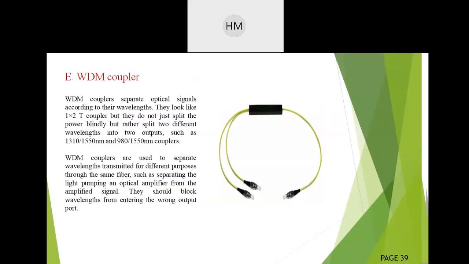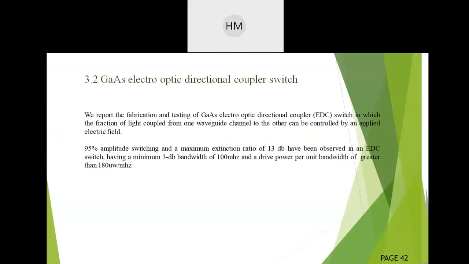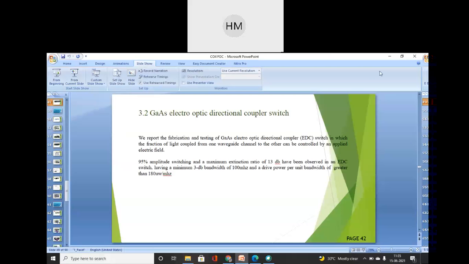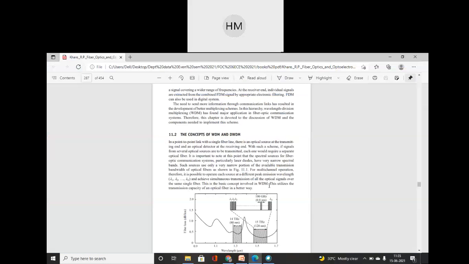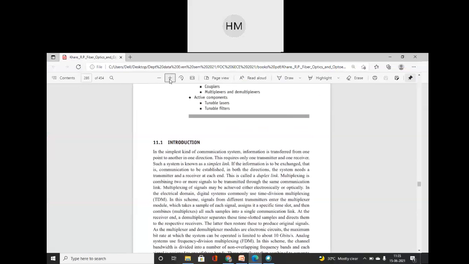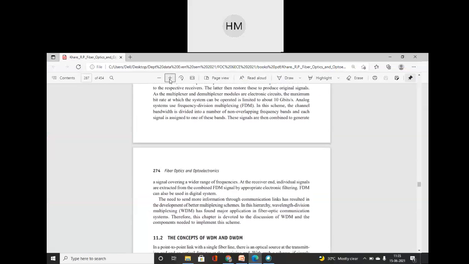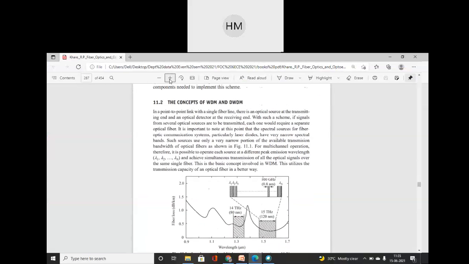So variety of couplers we have discussed. Now we will discuss one electro-optic switch, and I will show you the contents from the book also. A very good standard book of fiber optic communication.